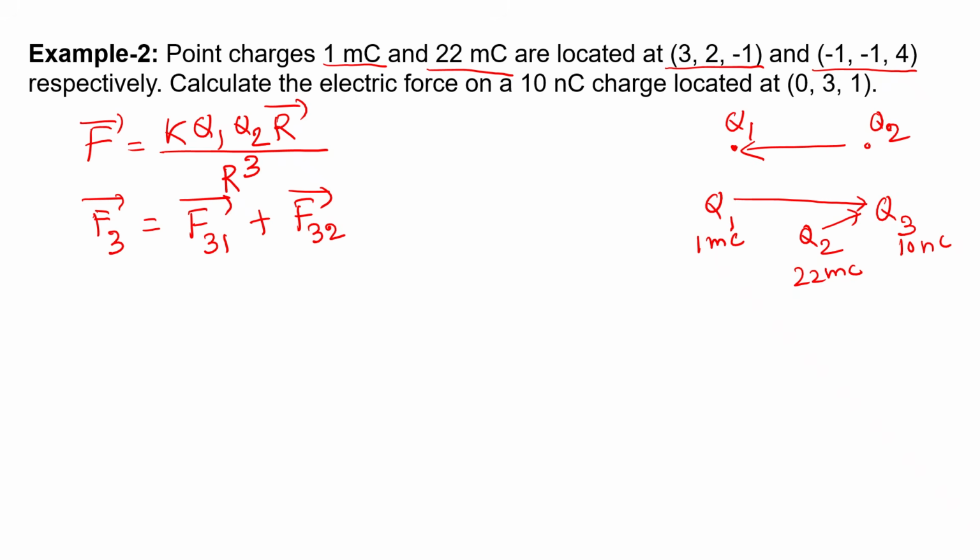So total force on charge Q3, that is F3, is the vector sum of F31 plus F32. Our objective will be to calculate F31 and F32 separately, and once we calculate them, we will replace them in the final expression to get our final value.